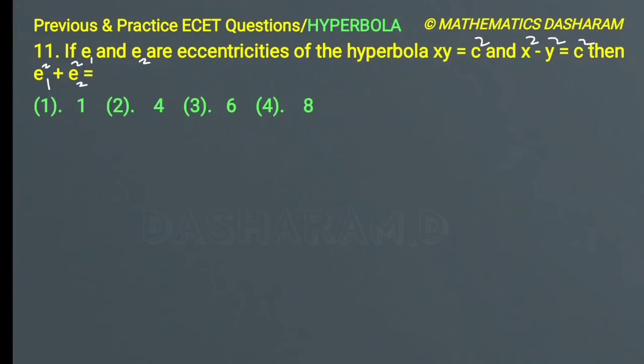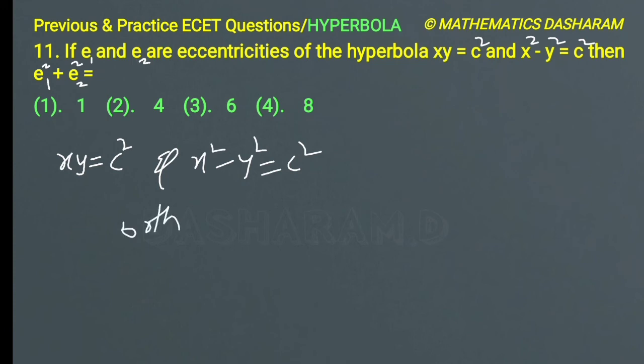11th question, if E1 and E2 are eccentricities of the hyperbola xy equals c square and x square minus y square equals c square, then what is the value of E1 square plus E2 square? So here xy equals c square and x square minus y square equals c square, both are rectangular hyperbolas.